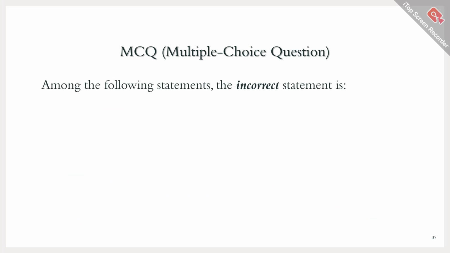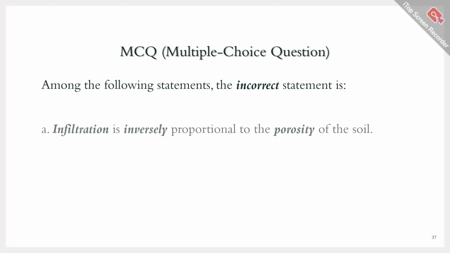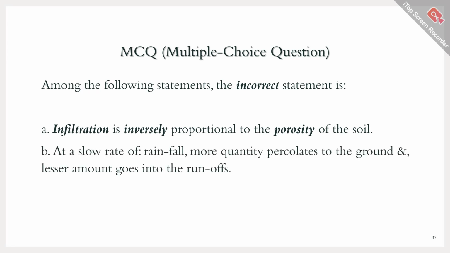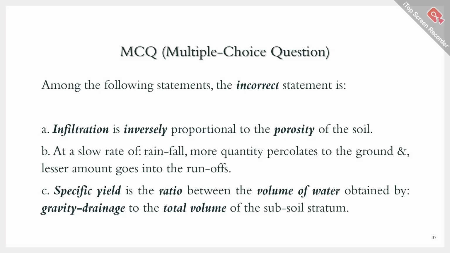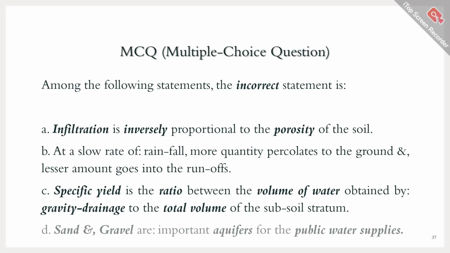Among the following statements, the incorrect statement is: option A, infiltration is inversely proportional to the porosity of the soil. Option B, at a slow rate of rainfall, more quantity percolates to the ground and a lesser amount goes into the runoff. Option C, specific yield is the ratio between the volume of water obtained by gravity drainage to the total volume of the subsoil strata.